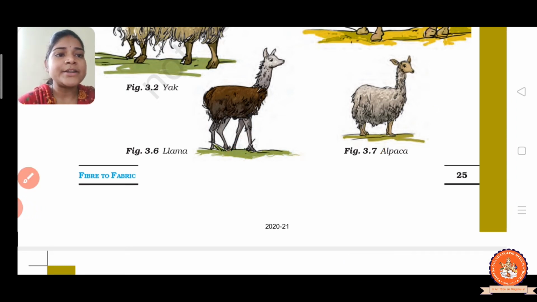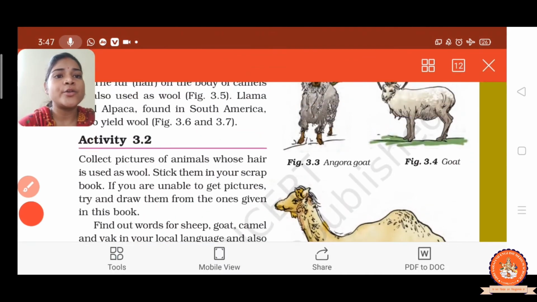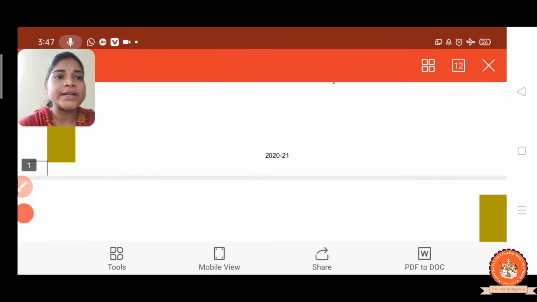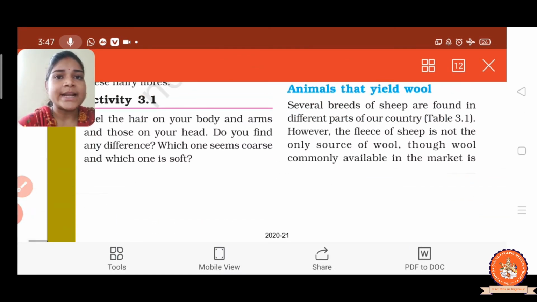These different animals are also found in different states, in different parts of our country. Now let us discuss one by one.